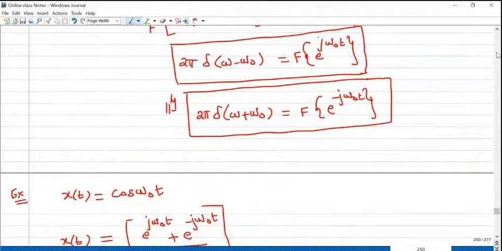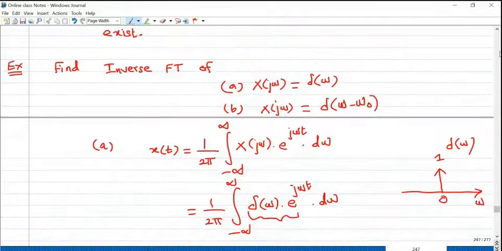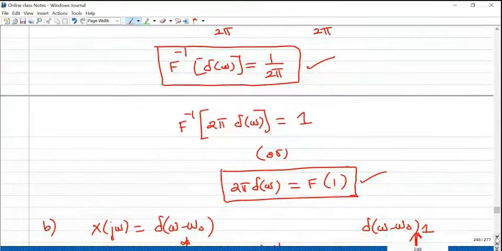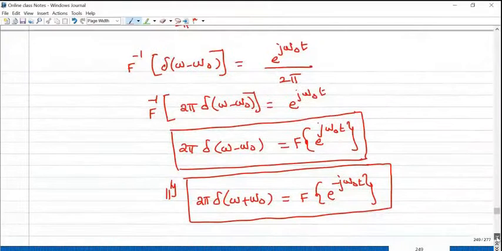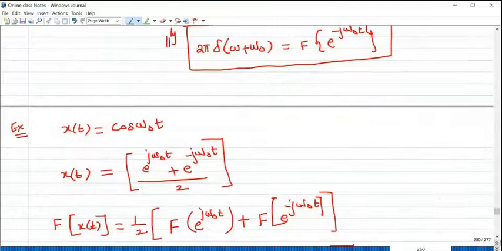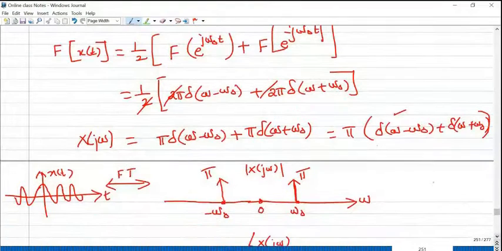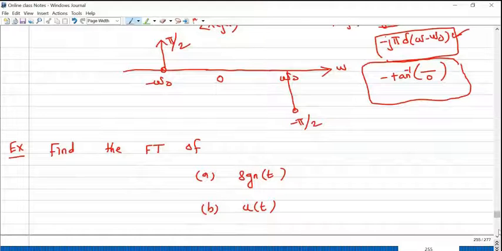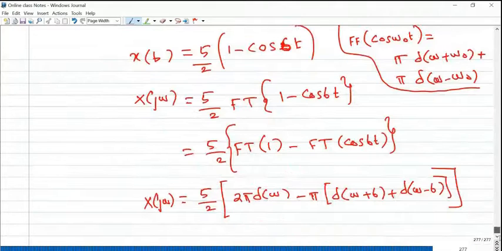Here we have solved some problems previously. The Fourier transform of 1 is 2π δ(ω). Okay. The Fourier transform of cos ω₀t is πδ(ω - ω₀) + πδ(ω + ω₀). Similarly, sin ω₀t we have also solved. So students should remember these formulas and then directly write them here. Okay.